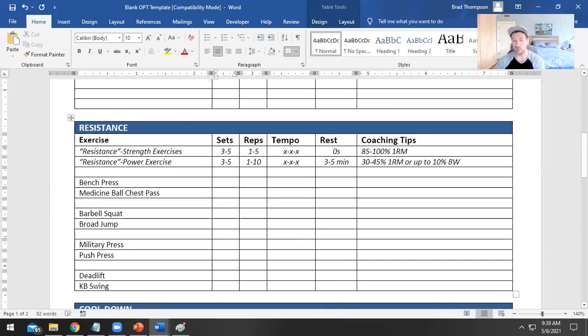So maybe we do 4 sets of everything, right? Let's say we do 5 reps for our strength movement and 10 reps for our power. Both are going to be XXX tempos, very explosive.